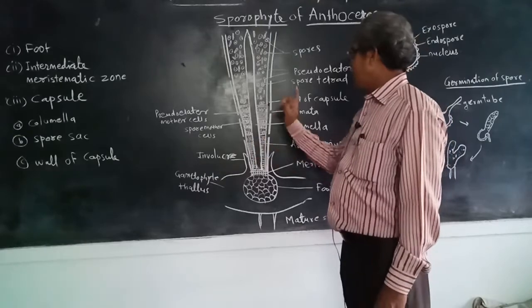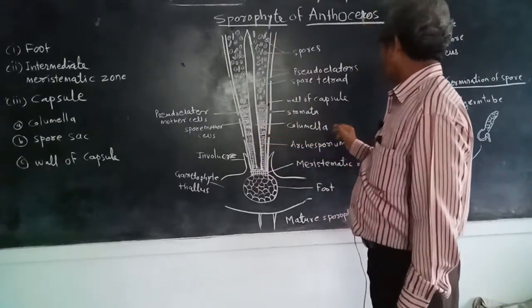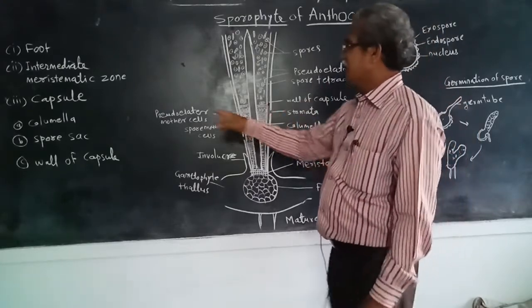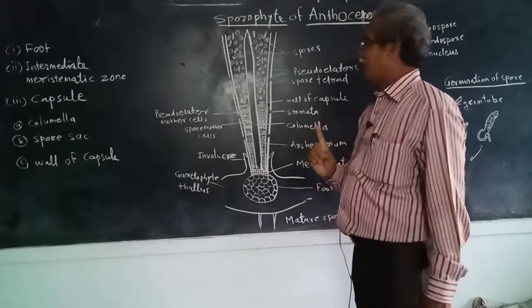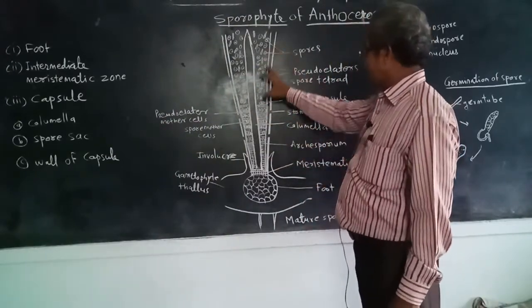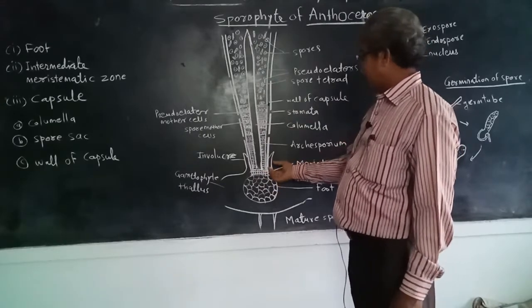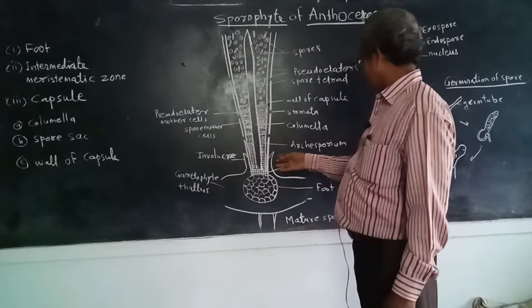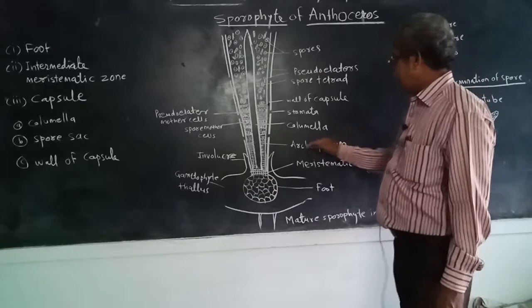Then just around the central sterile columella, there is the spore sac. At the base, from the meristematic tissue in the spore sac region, archesporial cells develop.